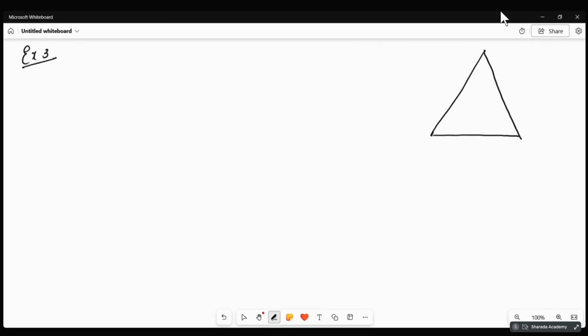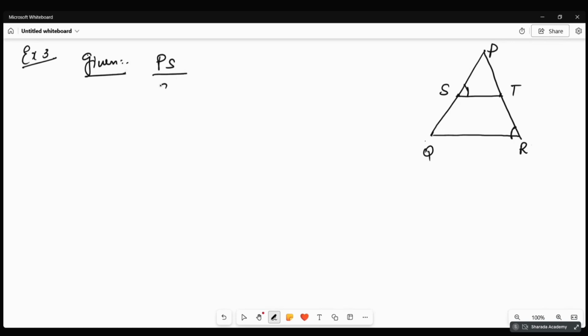So in the given figure, they have given the figure here, PQR. This is S, T. Now, in the given figure, what they have given is PS by SQ is equal to PT by TR.